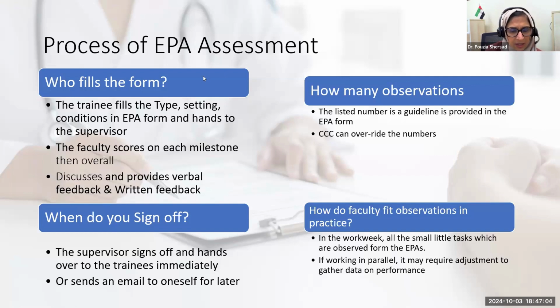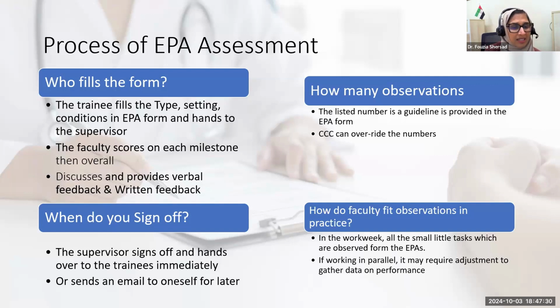It can be awarded. Now, this is a very big question and there is no clear answer for it. How do faculty fit the observations in practice? Now, the truth is that in the work week, all the small tasks which you are observing, which has to be done and which has to be observed, these form the EPAs.